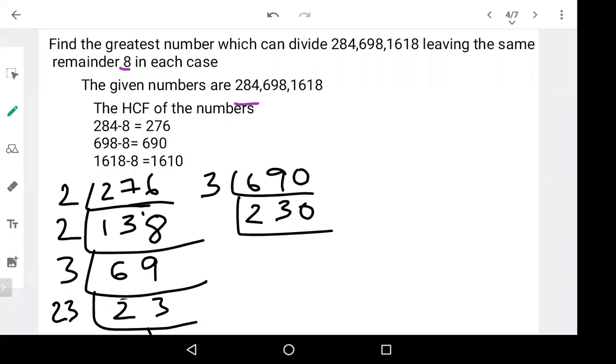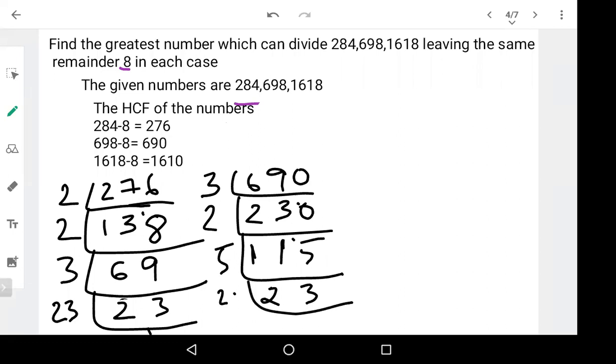I think we'll have to go by 2 only. 2 fives are 10, you get 115. And then now we will go with 5. 5 twos are 10, 5 threes are 15. Again you get 23. So 23 ones are 23. Are you all able to follow?